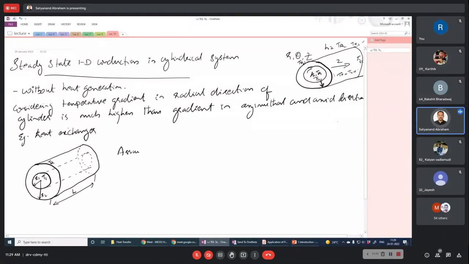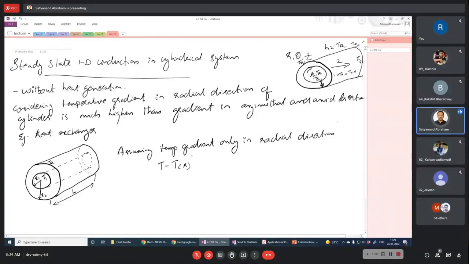Now, assuming temperature gradient only in the radial direction, we can say T is a function of r.